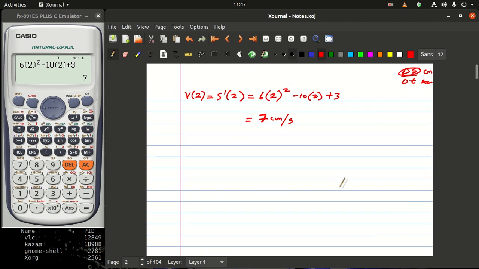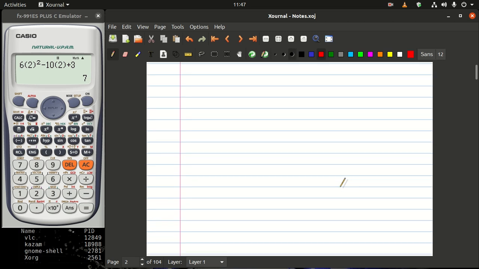Now, if you look into the third question, it was just saying find the acceleration. We know that the acceleration is the same as the first derivative with respect to time of the velocity, and of course the velocity is actually the first derivative of the position function.